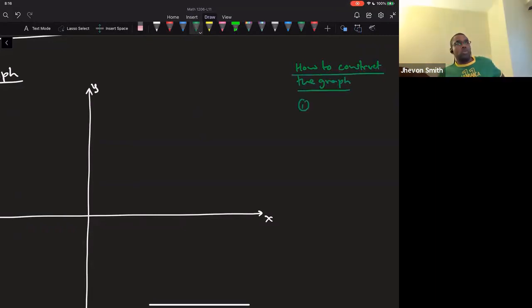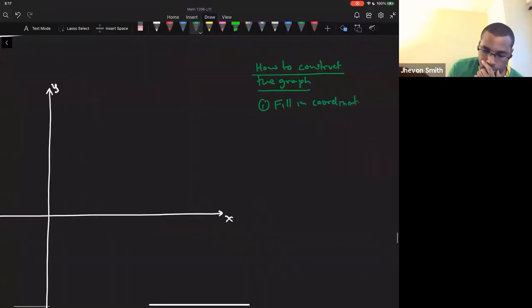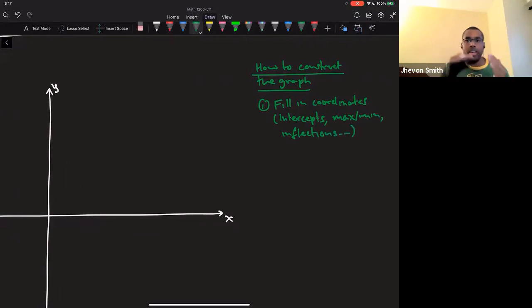The first thing I would do is put in all the important coordinates. These are like the intercepts, max, min, inflections. Anything that was a coordinate that you found, I would put those in.